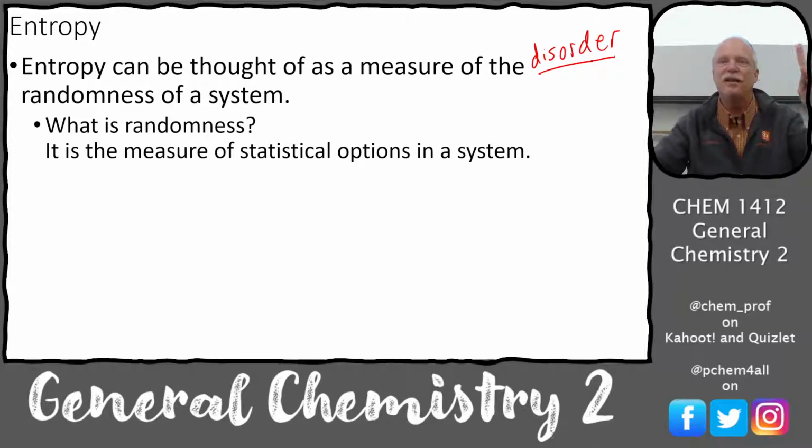Just one. Every piece is in its place and the picture is made, and there's no other way to make that. So that has a statistical count of 1. That's the least random situation. The puzzle is complete, and you have one chance of doing that.